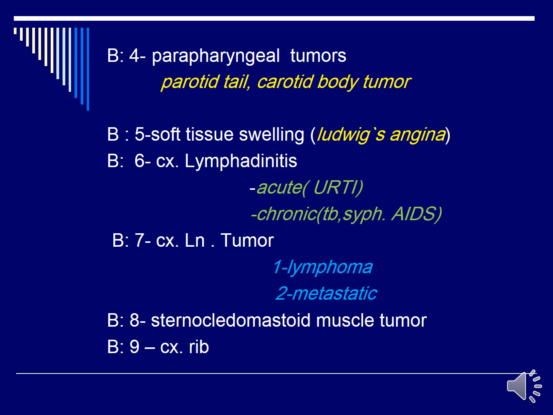Cervical lymphadenitis, either acute, especially in upper respiratory tract infection, or chronic, like in syphilis, tuberculosis, AIDS, and so on.